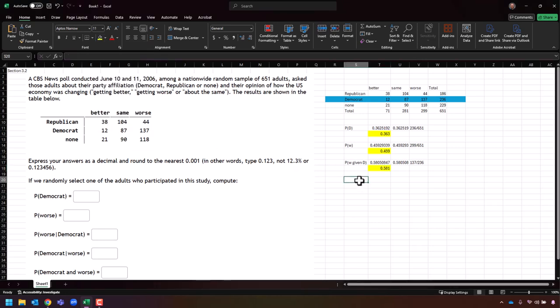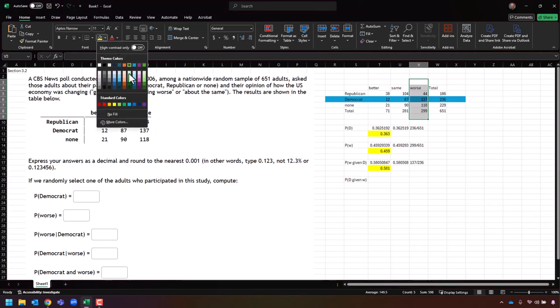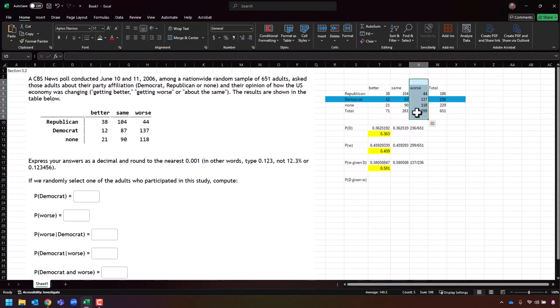Now, the probability that it is Democrat, given that worse. So we're given that worse, and now we've switched gears. We're looking at just this column.